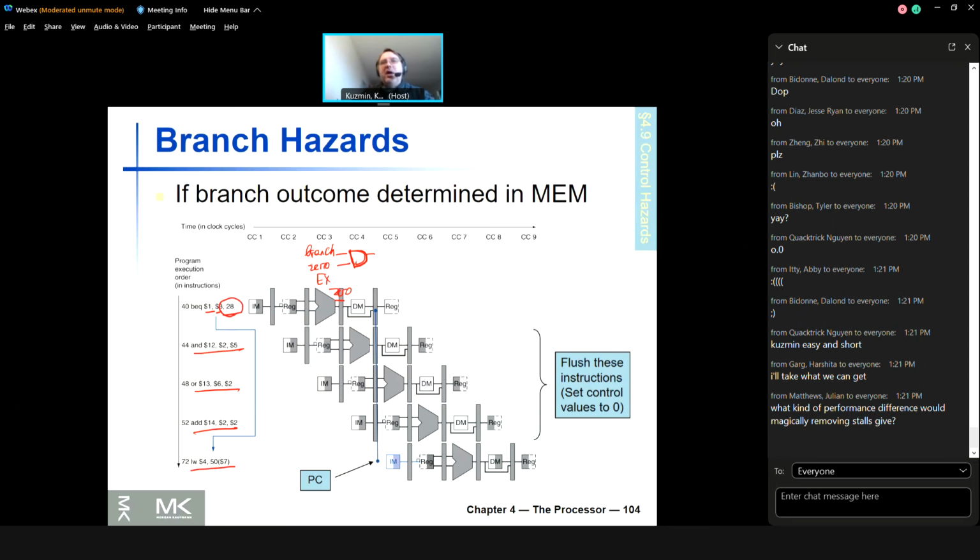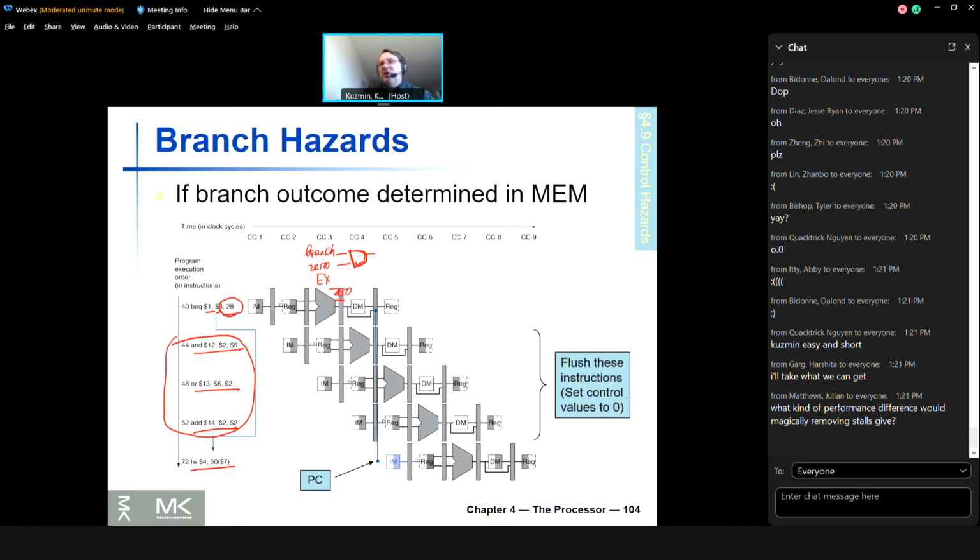What that means for our pipeline is that these 3 instructions should have never been executed. So we have to eliminate any effect they might have had on the state of the memory or the register file. Luckily, since it's just 3 and none of them have reached their MEM or WB stage, we are good.